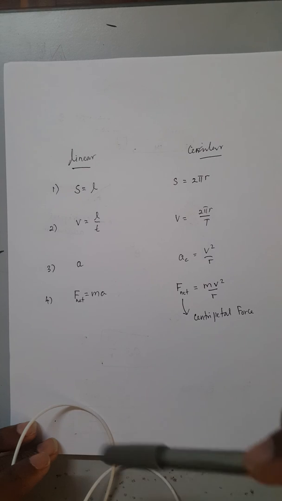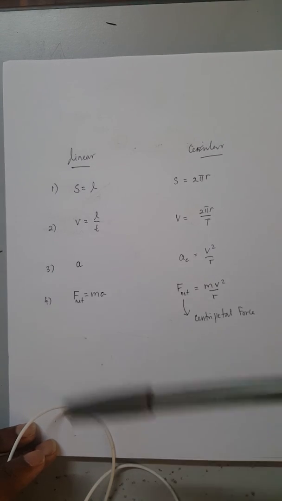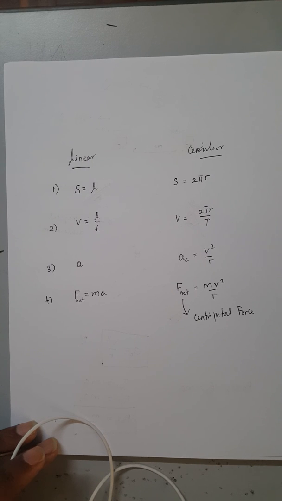We're going to look at the quantities that are going to change. In the next lesson we're going to look at circular motion in a vertical way, for example a Ferris wheel. All these are moving in a vertical circle. So when they move in a vertical circle, what are the changes that are going to happen? It's the same as for linear motion, when we have horizontal and vertical motion.